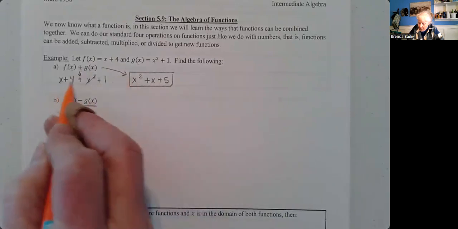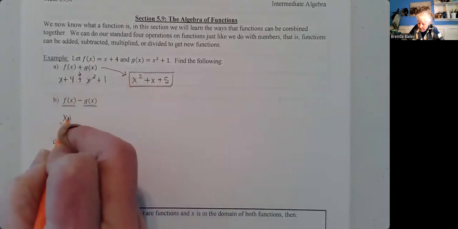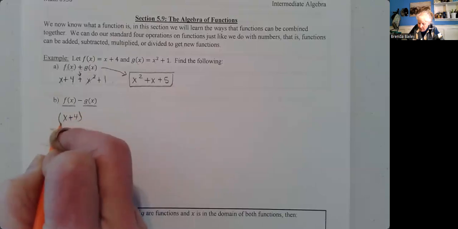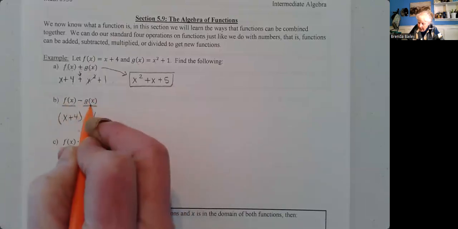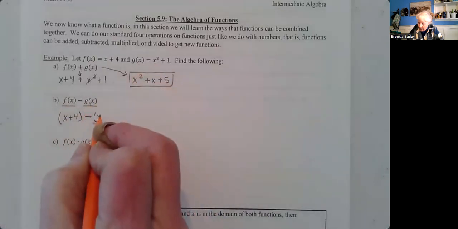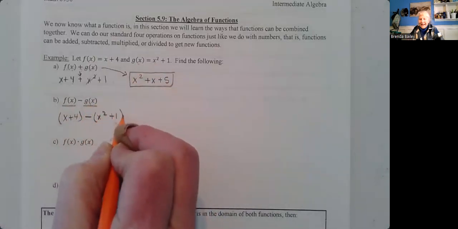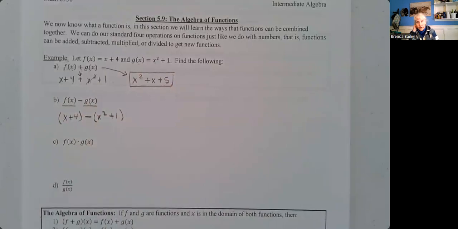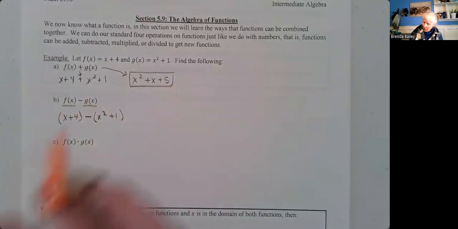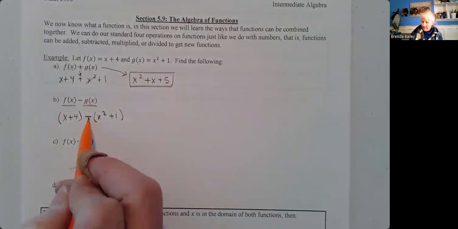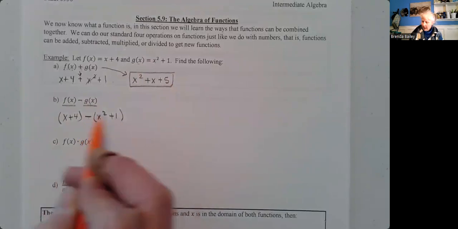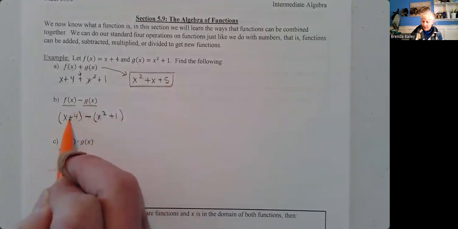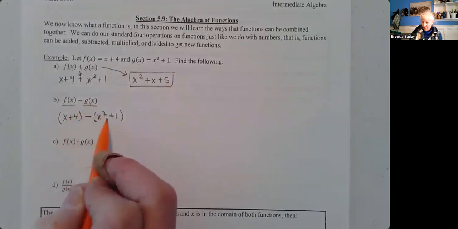So I'm going to have x plus 4, parentheses, that's what this is, subtract, g of x is x squared plus 1. Now, the reason I did that, and this is where the mistakes are made, is that when you have a subtraction, the following parentheses, the signs change. Not in the previous parentheses, but in the following parentheses.